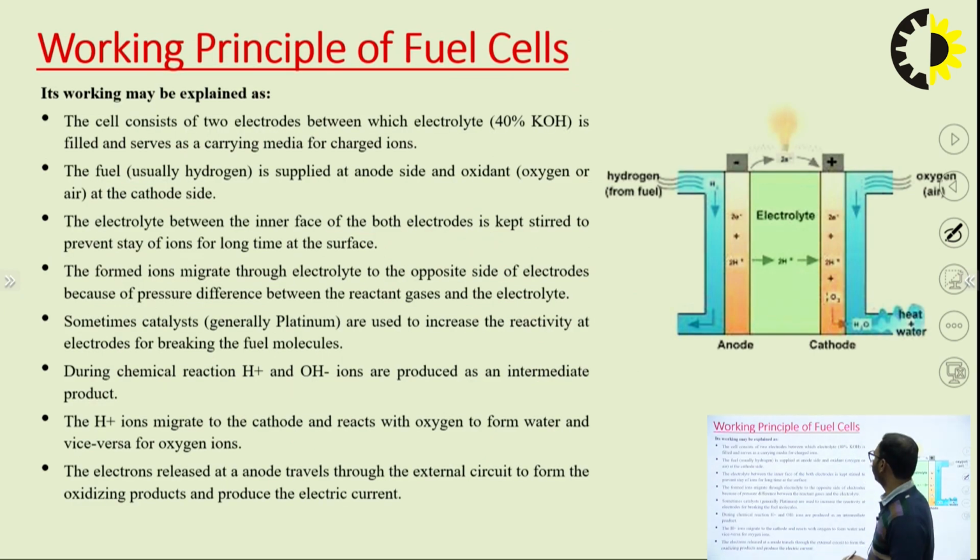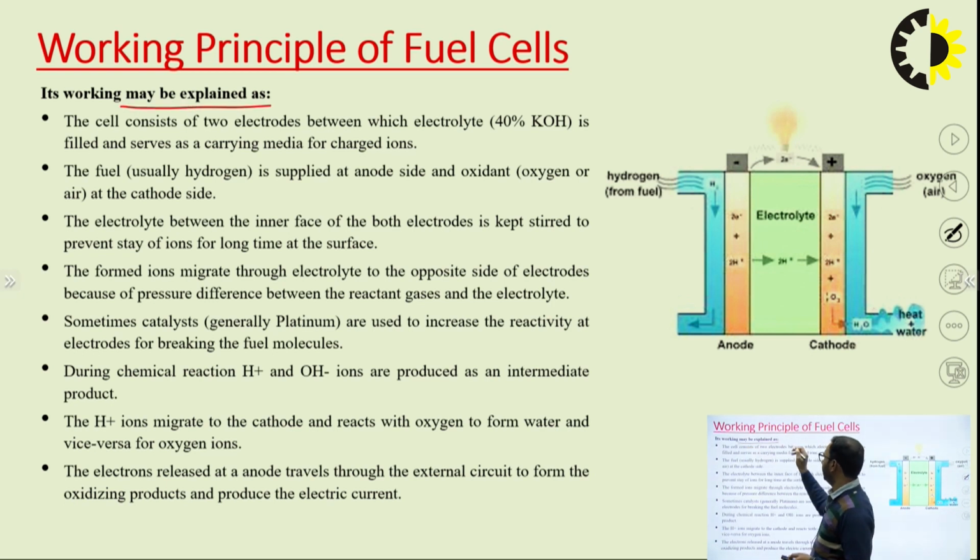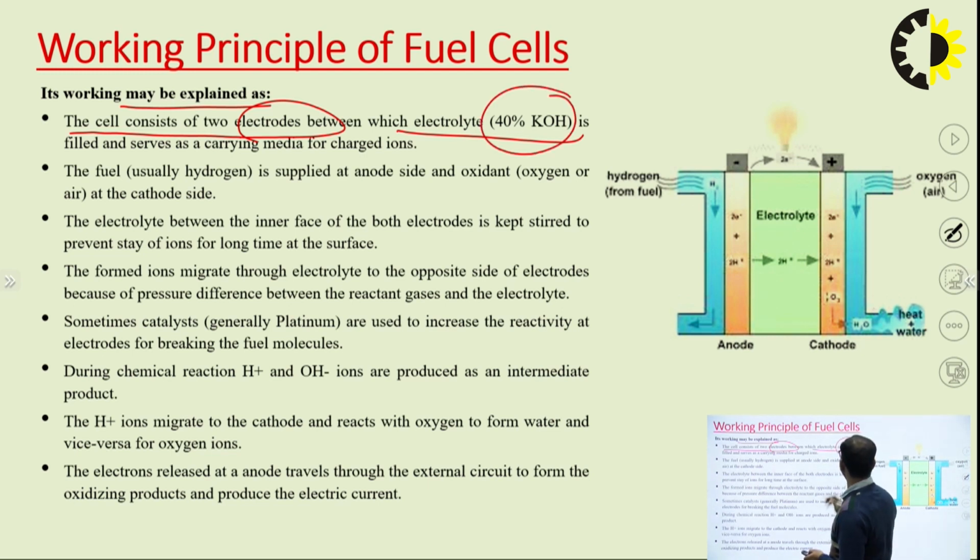Then what is the working principle behind the fuel cell? So its working may be explained as follows. The cell consists of two electrodes between which electrolyte, here 40% potassium hydroxide solution, is filled and serves as a carrying medium for charged ions.